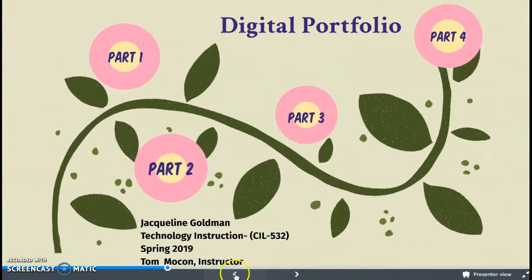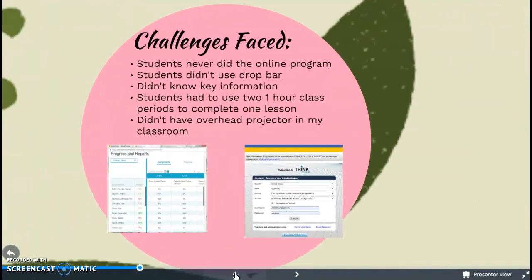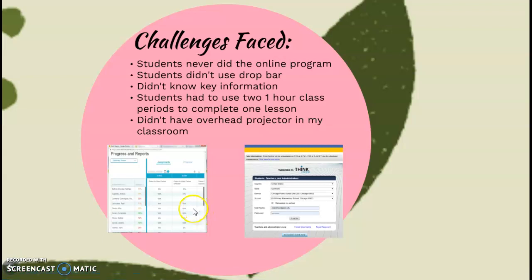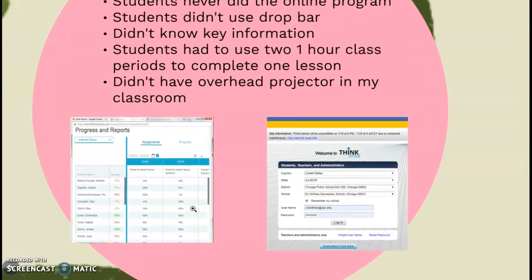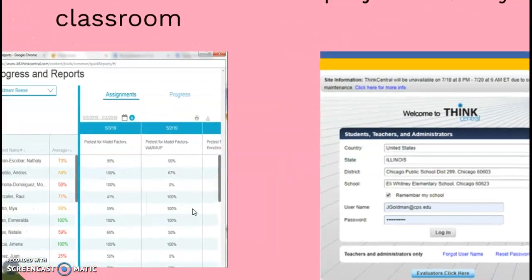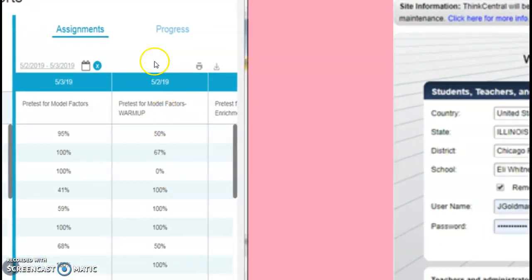And some of the challenges that I faced. The students did not know how to sign on. They didn't have their sign-on names. It took them 2 days to do the test. It was a pre-test or warm-up for the factors, and that's just like 2 or 3 questions.